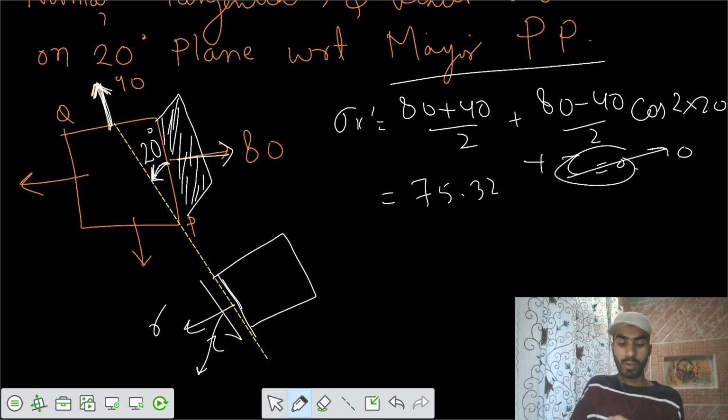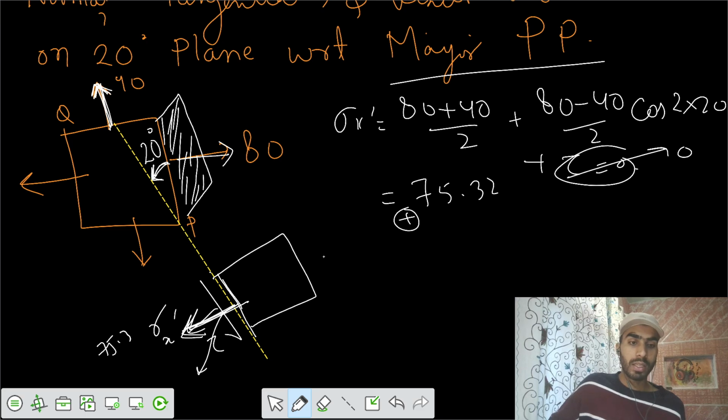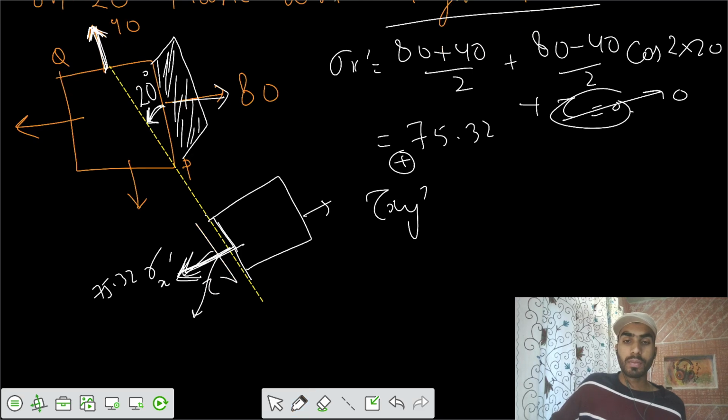Let me check it one more time. 60 plus 20 cos 2 theta. Yes, we got this one, and we got a positive value. That means the direction would be in this fashion. So this is our sigma x dash, 75.32, and now we want to calculate tau xy dash.